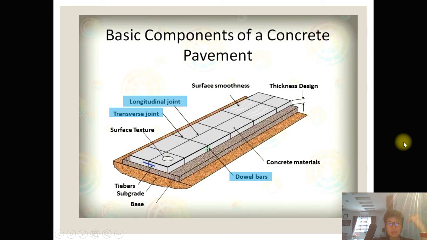I would like to draw your attention to the structural components of a rigid pavement. Apart from all these terms, notice the joints: longitudinal joints, transverse joints, and also the dowel bars. These are things you will come across when you try to cast a big slab.